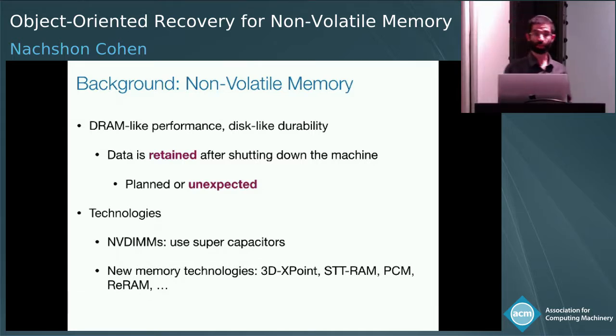Already now we have NVDIMMs that use supercapacitors together with flash to support this non-volatile memory. But there's really excitement about it because of some new memory technologies like 3D XPoint by Intel, STT-RAM, phase change memory, and some more.